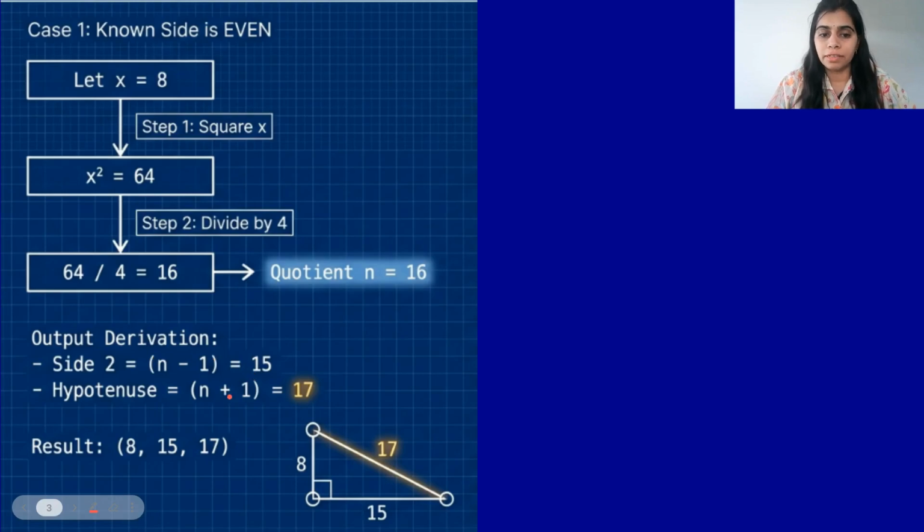The hypotenuse, the other side of the right angle triangle, is calculated by n plus 1, that is 16 plus 1, 17. Now we have the Pythagoras triplet 8, 15, and 17. A triplet is always written in ascending order of the numbers, and the last number always represents the hypotenuse.